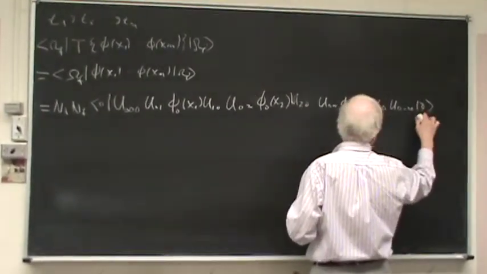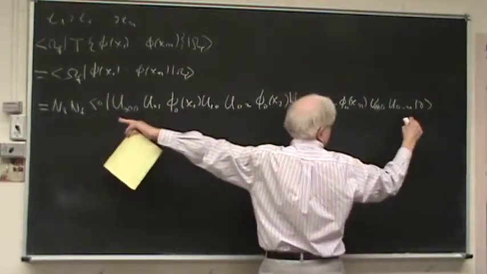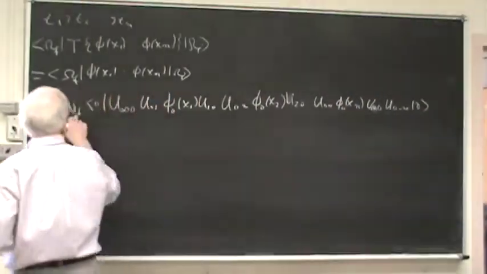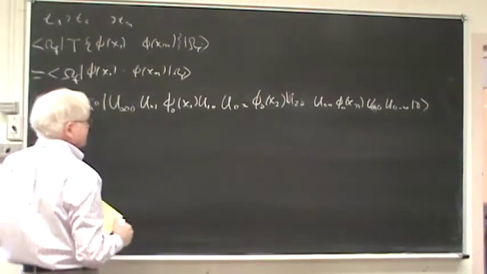So this, together with the factor, gives you omega at minus infinity. This with the NF gives you omega at plus infinity.